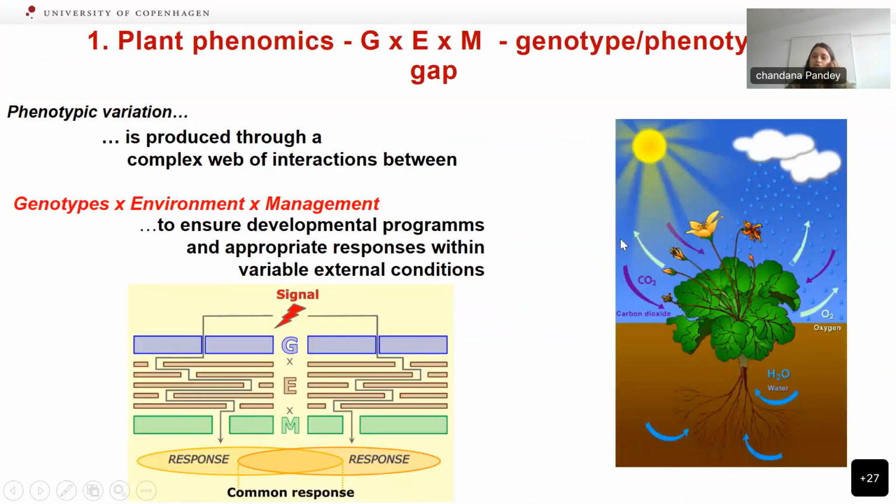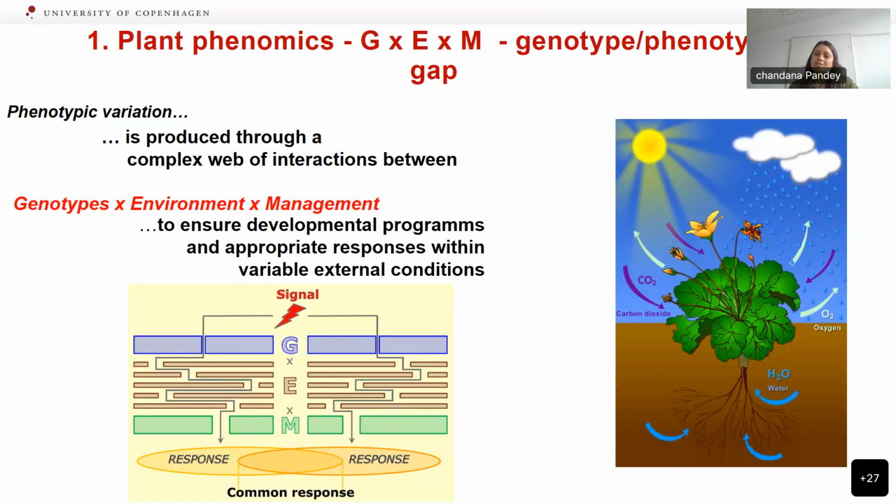So first I will start with what is already known in the literature and where we are lacking information. There is a lot of information on how the genotype is interacting with the environment and finally the management.